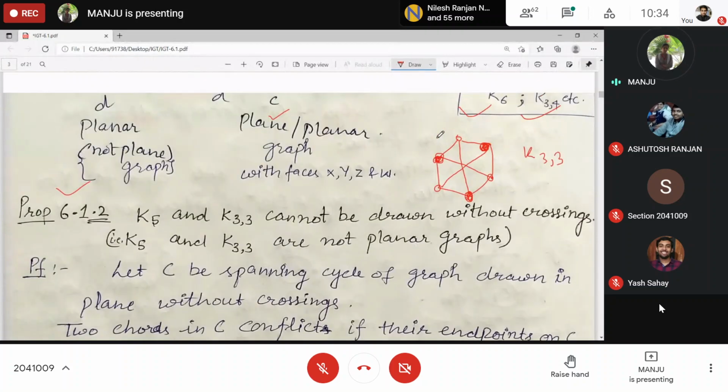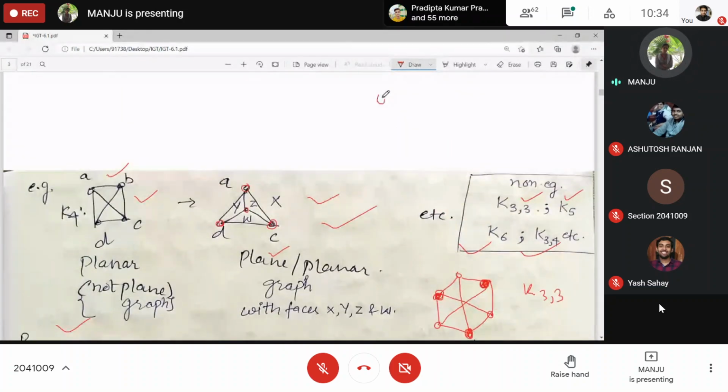So if in any cycle you have alternative chords, one can be drawn inside, and the other, if it crosses this chord or edge, can be drawn outside. Because it was having alternating vertices, that's why we have drawn it like this.